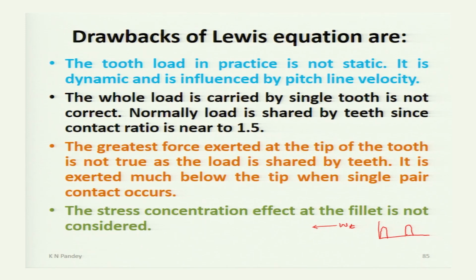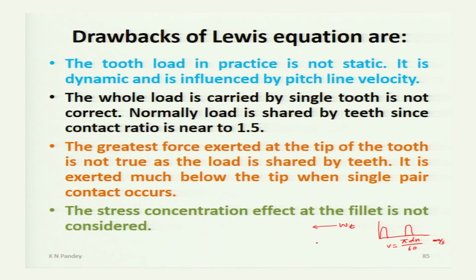When contact starts, there will be load throughout the contact period from small a to small b, and after disengagement, the load will become 0. It is dynamic, not static, and it is influenced by the pitch line velocity v, which is given by pi d n divided by 60, where d is the pitch circle diameter and n is the RPM. This will be given in mm per second if d, the pitch circle diameter, is in mm.